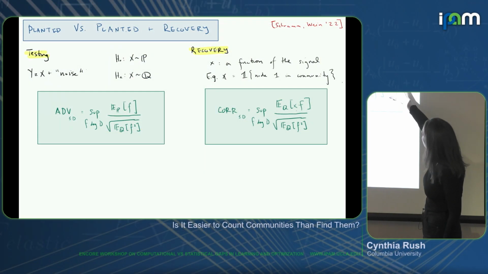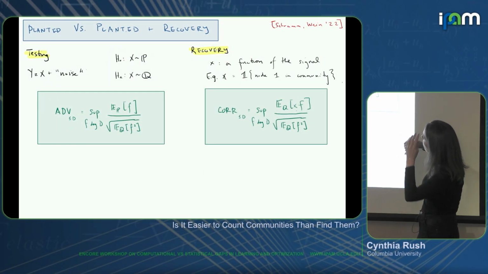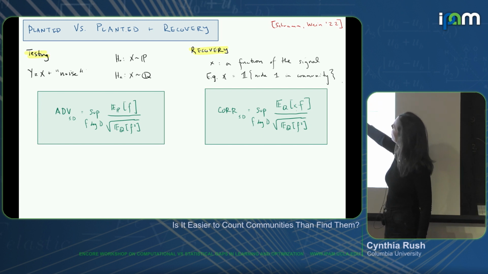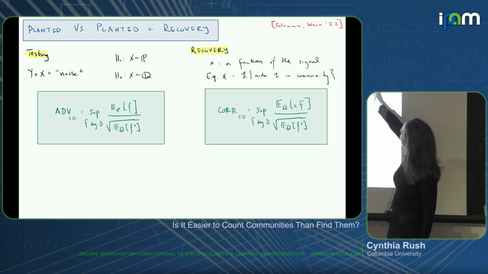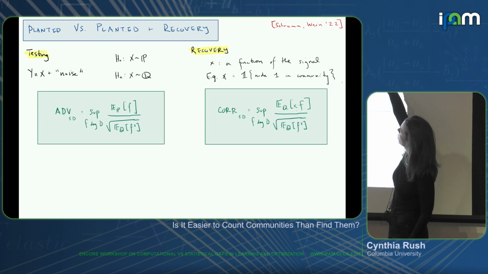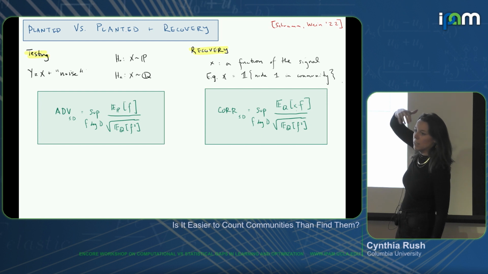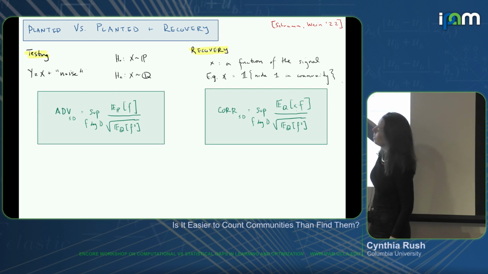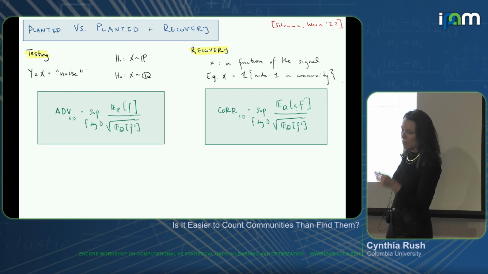And so the way that you set up the low degree framework for recovery is the following. So it's Q in the numerator and denominator, but in the numerator, now we have x times f, where x is some function of the signal that we'd like to estimate for recovery. So, if you think about recovery in our problem, then perhaps x could be an indicator as to whether node 1 is in the community, right?